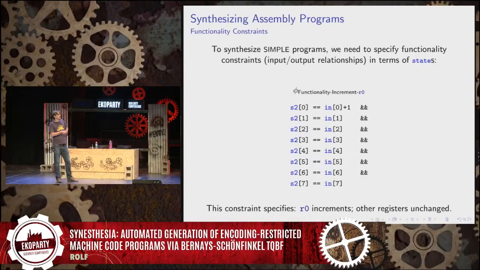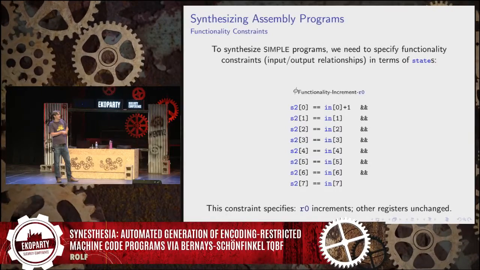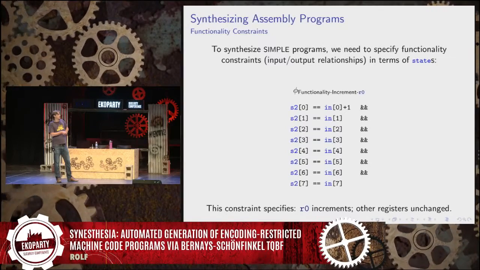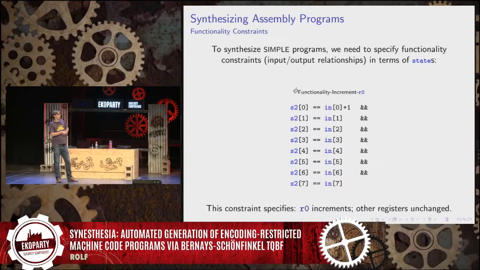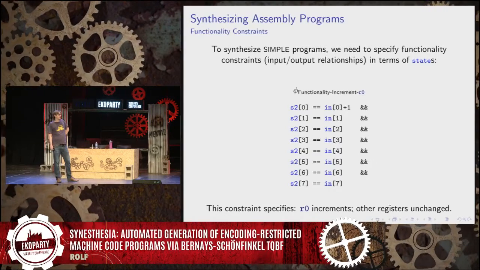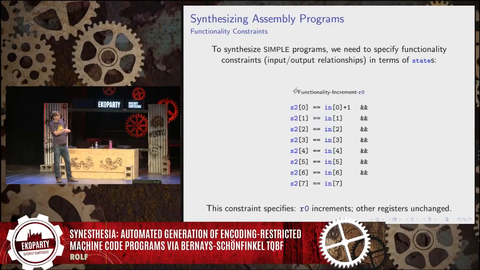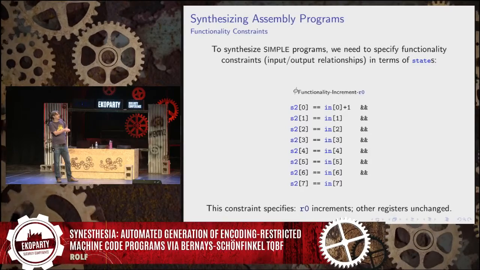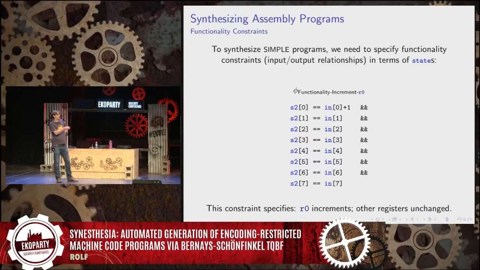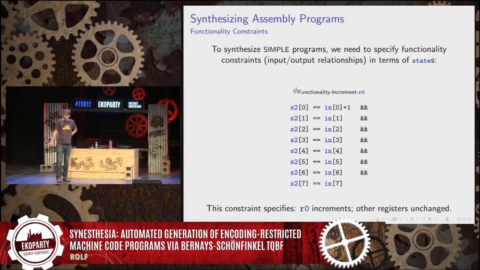My functionality constraint just says the output value of register 0 is equal to the input value of register 0 plus 1, and then the output value of register 1 is equal to the input value of register 1, i.e. register 1 doesn't change. And register 2 doesn't change, and so on. None of the registers change except the value of R0, which increments by 1. So that's our formula for that.